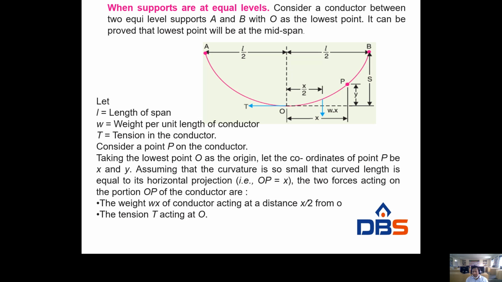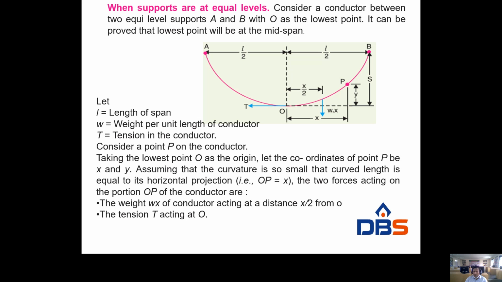So look at the figure. This is the catenary curve. A and B are the supporters, and the span length is L. Now take the midpoint, that is O. The length is divided into L by 2, L by 2. Now I am taking a particular point P. Let us consider a conductor between two equal supporters A and B with O as the lowest point.